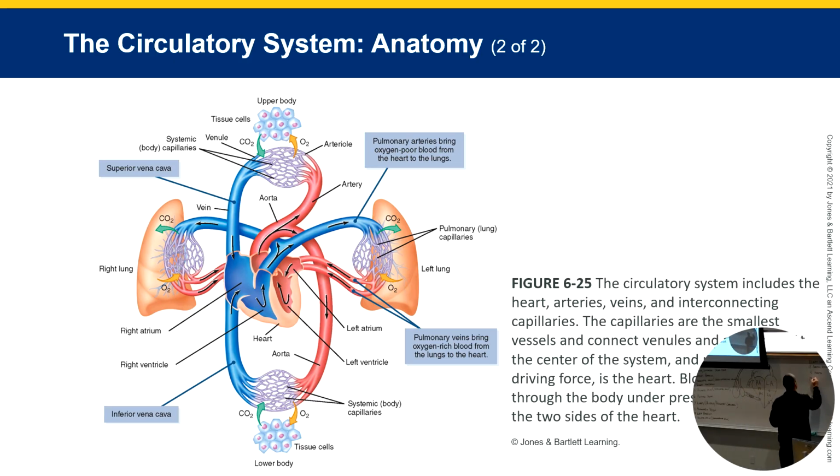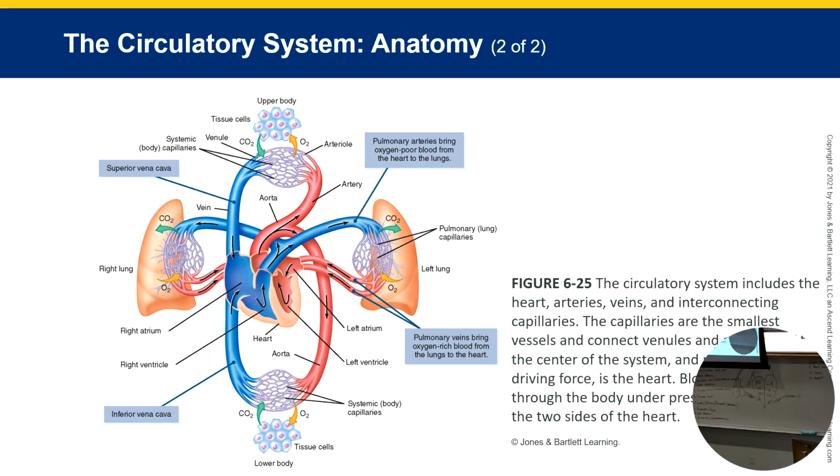And we know some things about arteries, right? For the most part, they carry oxygenated blood under a lot of pressure. We know that there are pulse points all over the body, so there are arteries all over the body, and we'll cover all the different types of arteries.